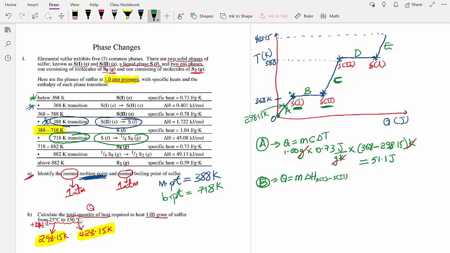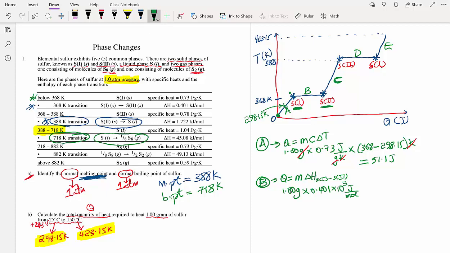If you plug in the values, that will be 1.00 gram for the mass multiplied by the delta H given, which is 0.401 kilojoules. We need to change the kilojoules to joules, so that will be multiplied by 10 to the power 3, since kilo literally means 10 to the power 3, joules per mole.